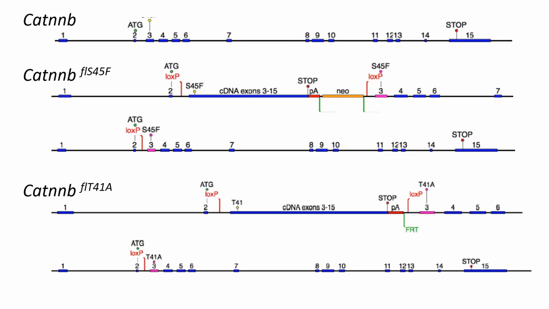So they took exon 3 and they added in either the S45F or the T41A mutation into that site in exon 3. And then between exons 2 and 3, they put in a wild-type cDNA for beta-catenin running from exons 3 to 15, and they surrounded this by LOXP sites.